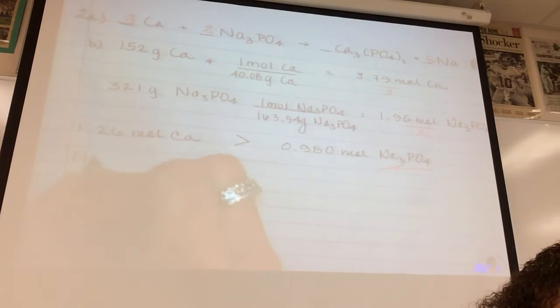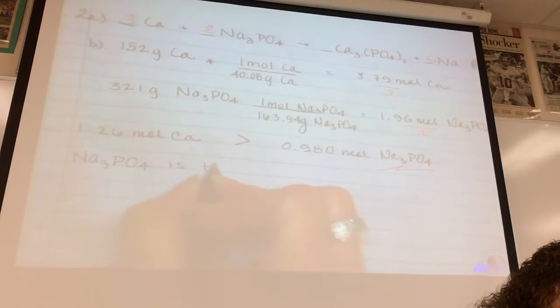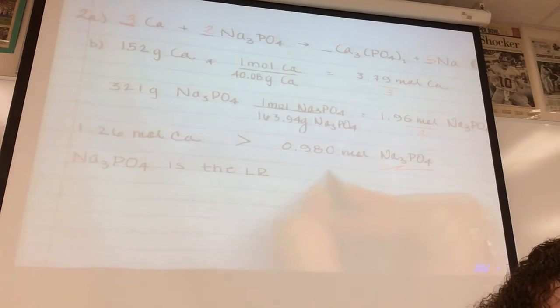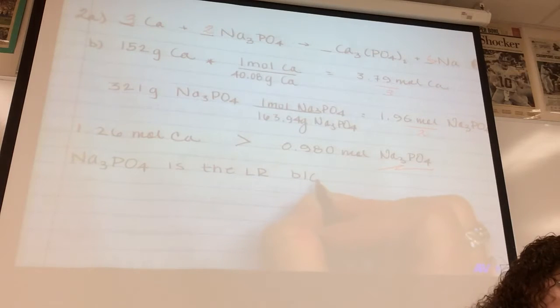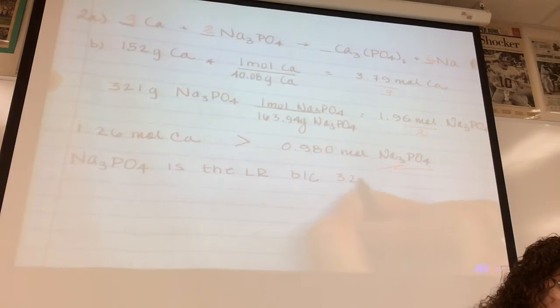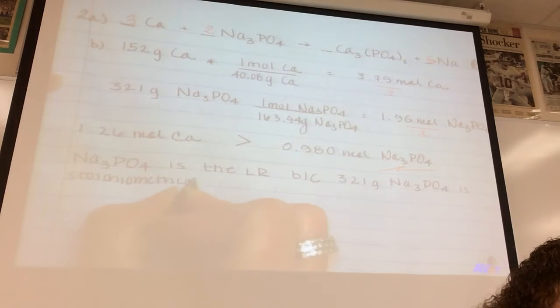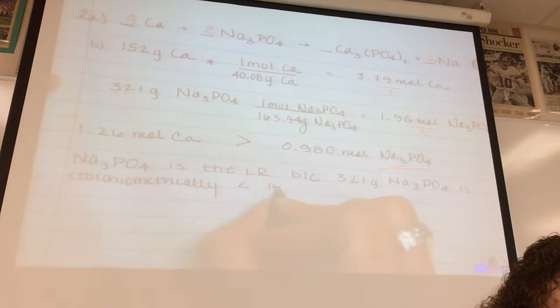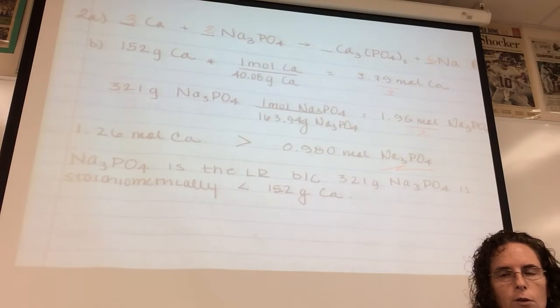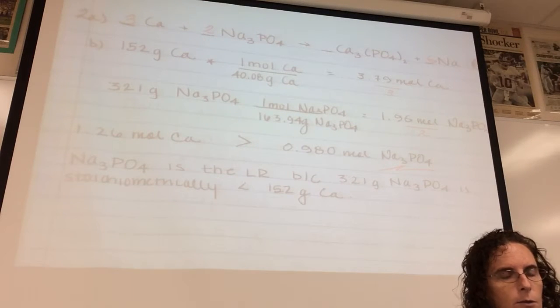So sodium phosphate is the limiting reagent because, go back to the original amounts, 321 grams of the sodium phosphate is stoichiometrically less than 152 grams of calcium. That will earn you full credit on the determination of the limiting reagent.